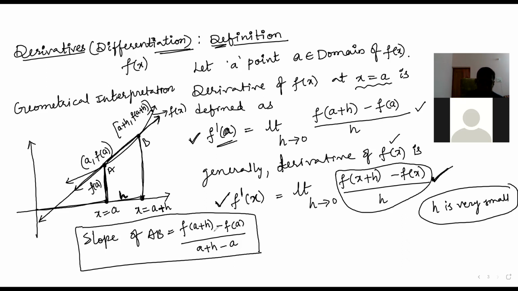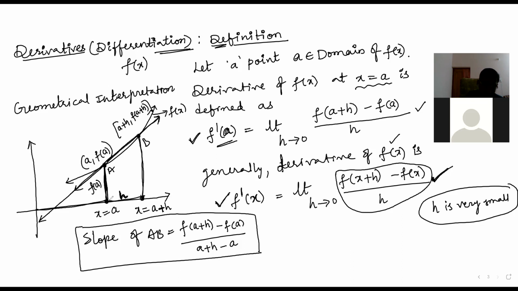So this is the slope of AB now. What is this? Here, the limiting value of the slope of AB when h tends to 0. As h tends to 0, what does it mean? h is a very small value, very close to 0.